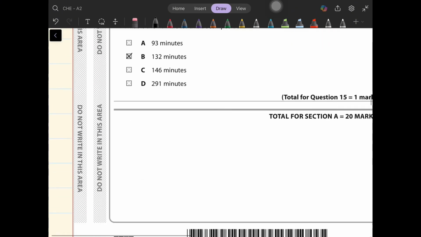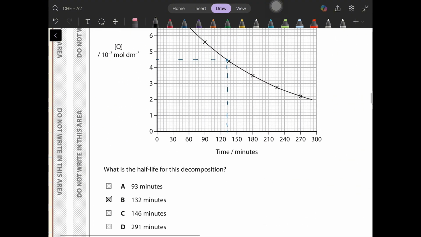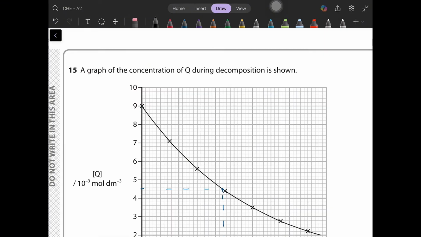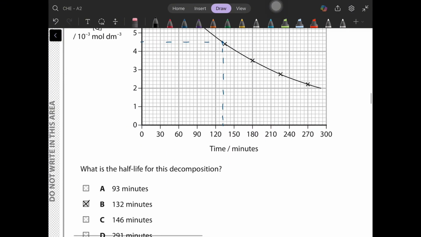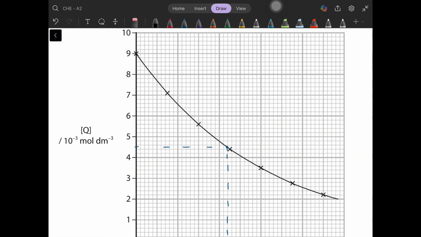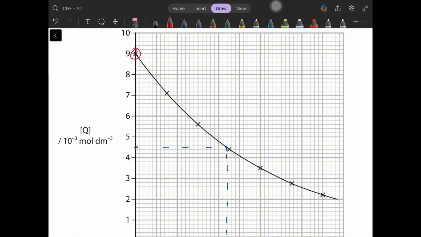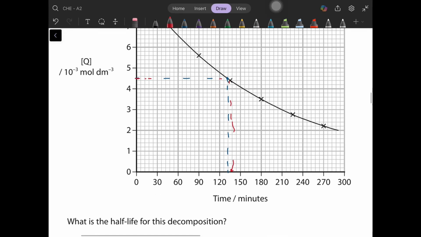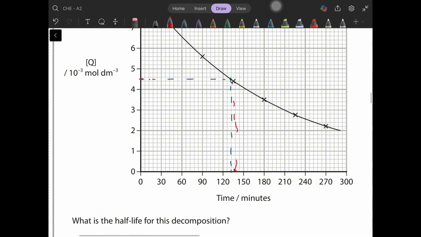15, and we'll be done with this. 15. A graph of concentration of Q during decomposition is shown. What is the half-life of this decomposition? So I have selected 9 to be my initial, and half of 9 is 4.5, so it should be somewhere around here. So as you can see, drop the line, this should give you around, let me find the number that each box represents.